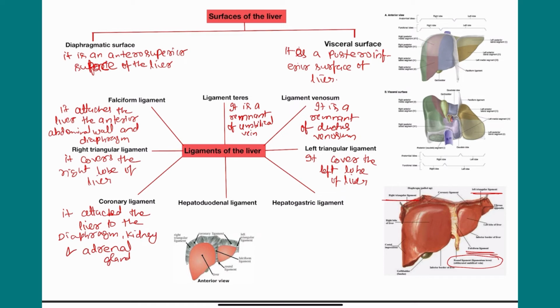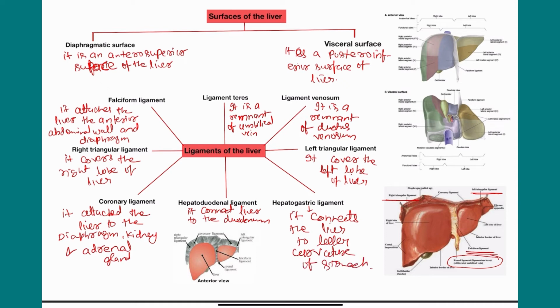The hepatoduodenal ligament connects the liver to the duodenum, and the hepatogastric ligament connects the liver to the lesser curvature of the stomach. So please learn all the ligaments of the liver.